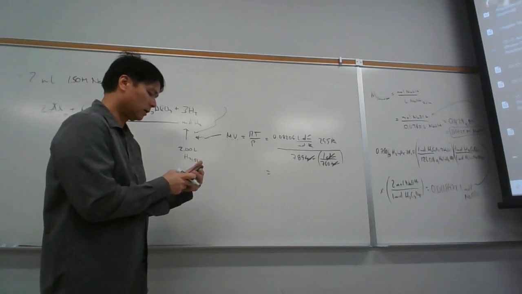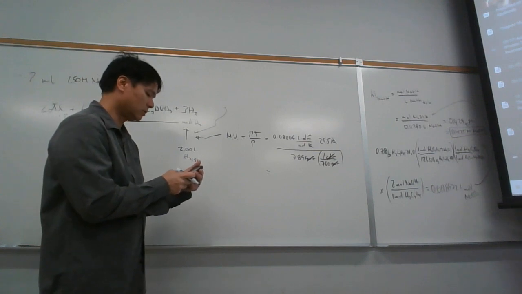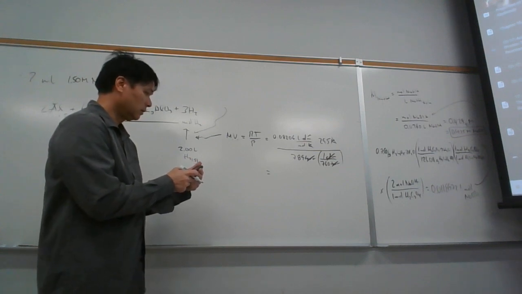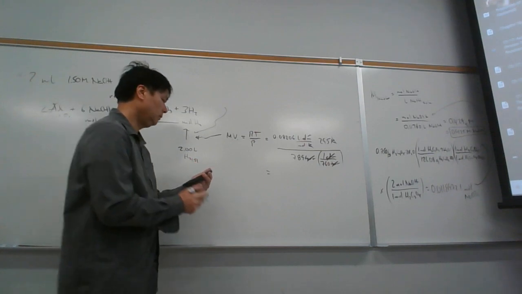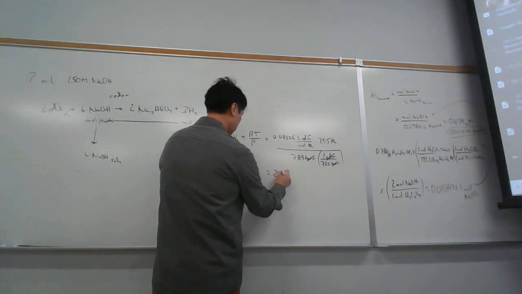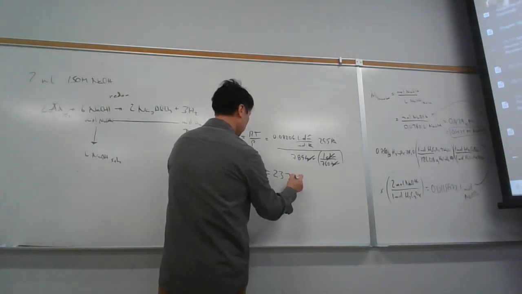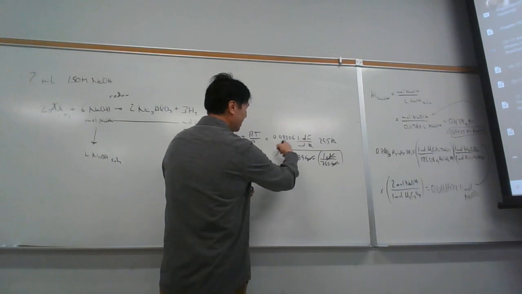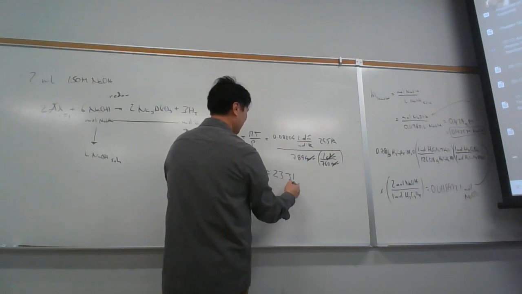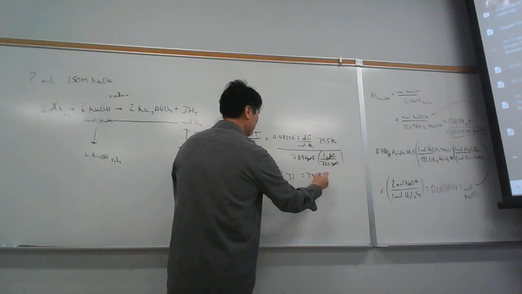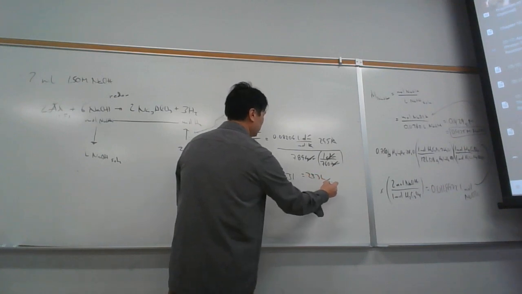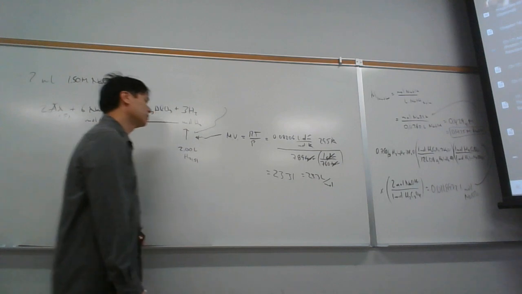So let me go ahead and calculate this. 0.08206 times 295 divided by 789 times 760. 23.31. We're only allowed 3 figs for this. So 23.3 liters per mole. We can carry one extra.